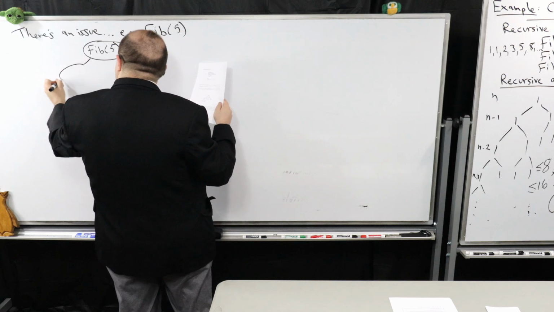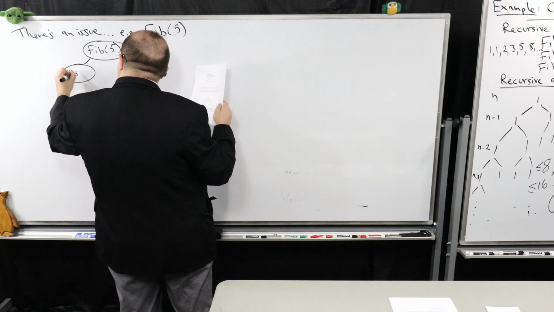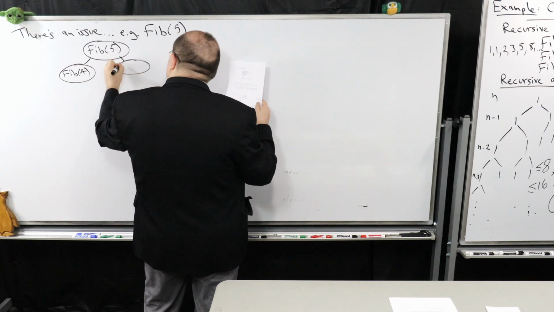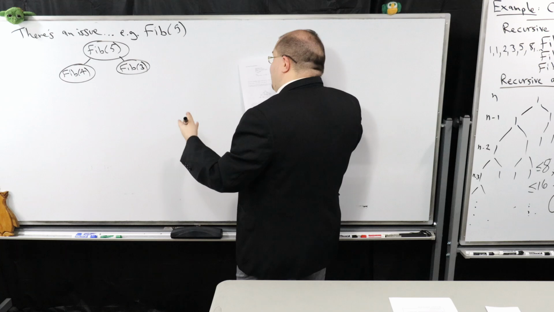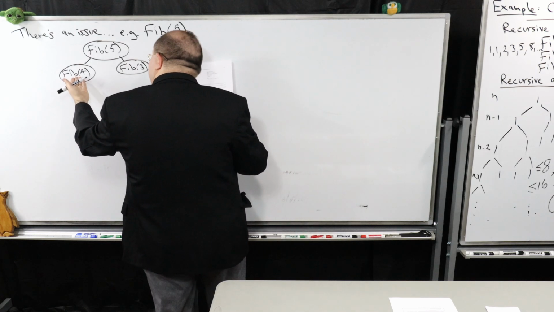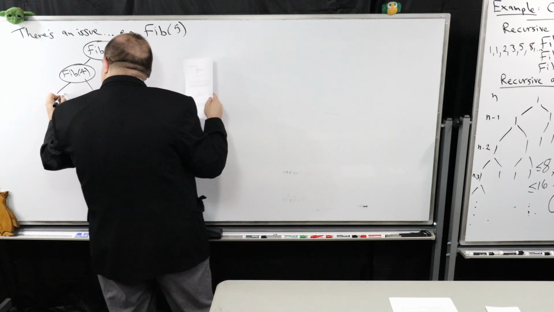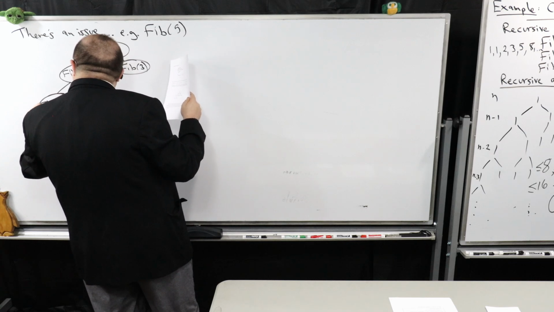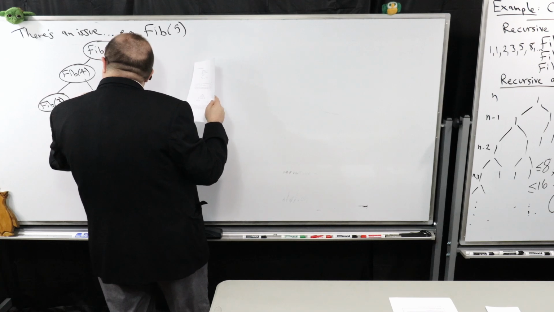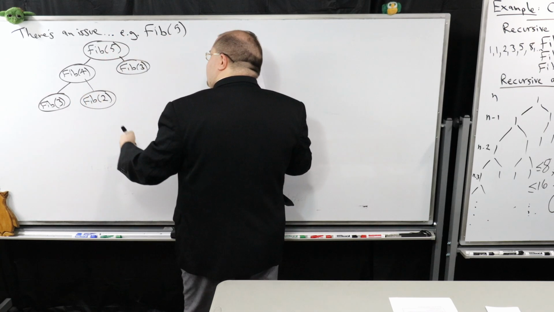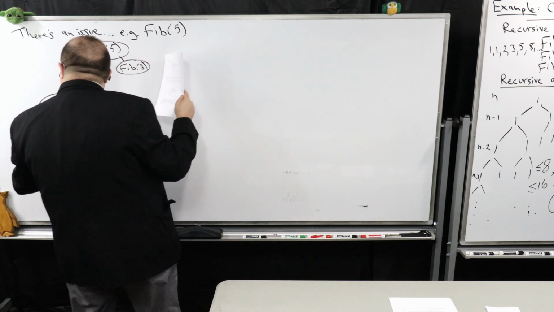So I'm going to require calling fib of 4. And I have to call fib of 3, right? Now, to call fib of 4, I have to compute fib of 3 and fib of 2, right? But to do fib of 3, I have to do fib of 2 and fib of 1, right?